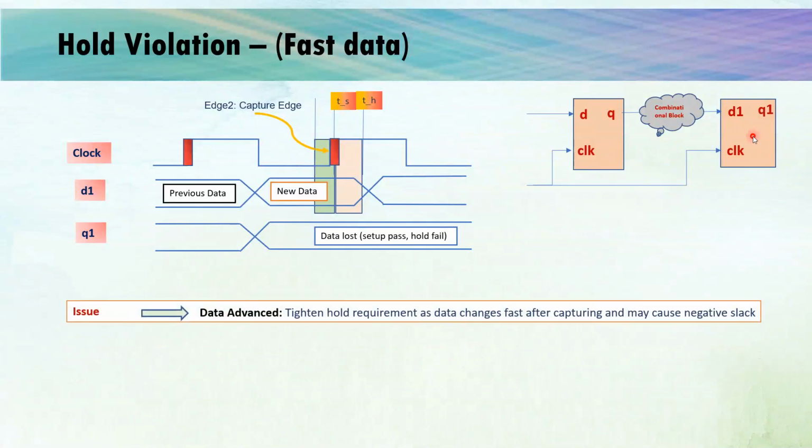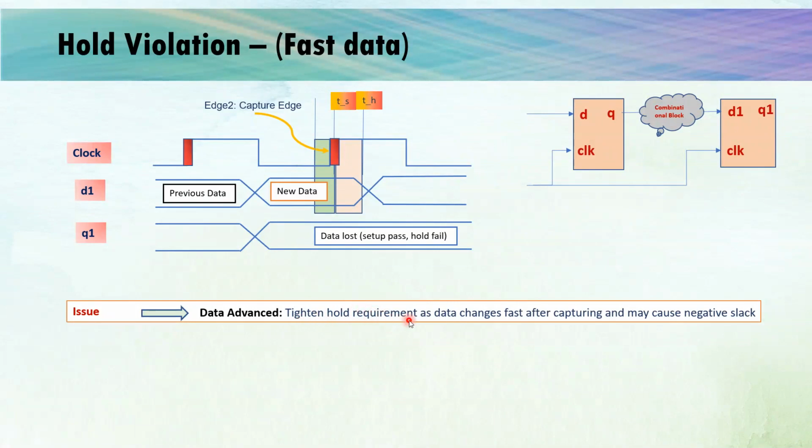So the issue here is that we have advanced the data. So we can say that when the data is advanced, or as you can see here, the data is advanced, as in data came fast, this will work as a negative for the hold analysis.